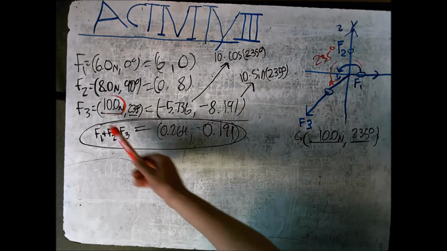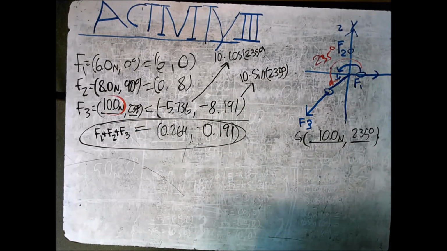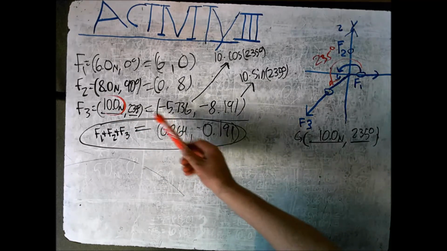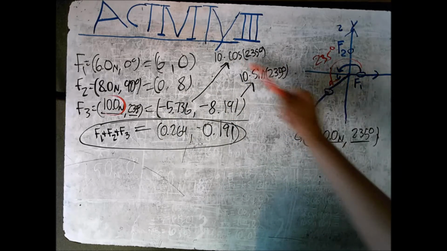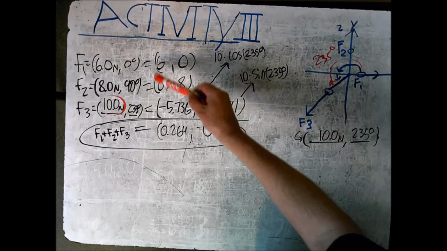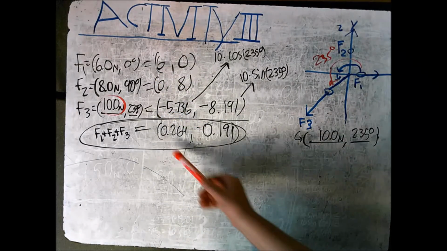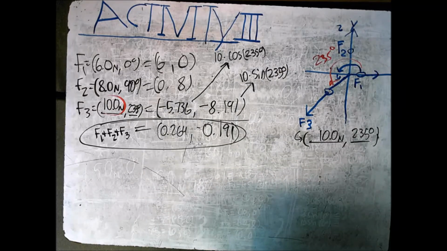And so when you take F3 that we measured and we break it up, using cosine and sine, the way they showed right here, you get this value and this value. So 6 plus 0 plus negative 5.7, well, you get 0.3, which is pretty close to being 0.